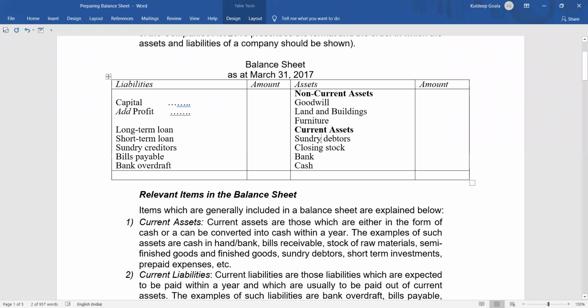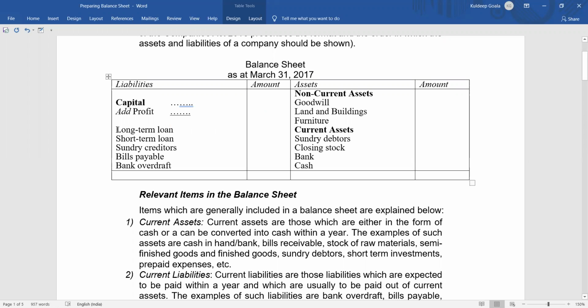In the same way, on the liability side also we have non-current liabilities. The capital has its own heading as capital, followed by non-current liabilities and current liabilities.